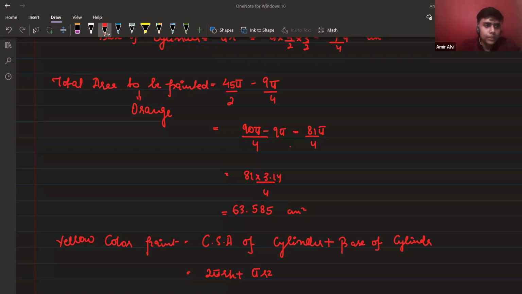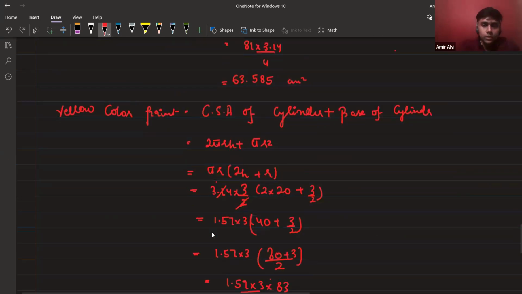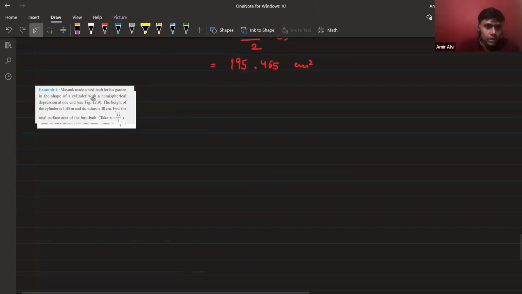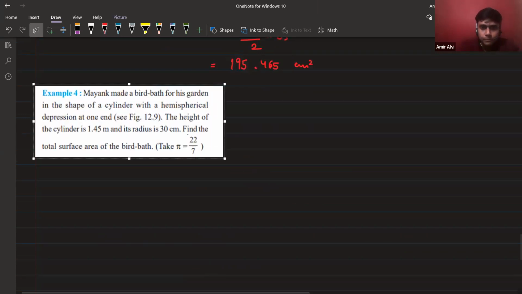Would you like to give it a try for a question? If I give you one question, would you like to give it a try? Yes, sir. Sure. Let's see who will solve this question. I'm pasting a pic of this question, which is given in the book.